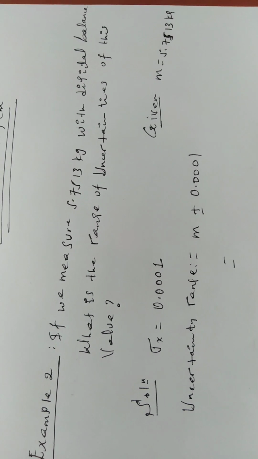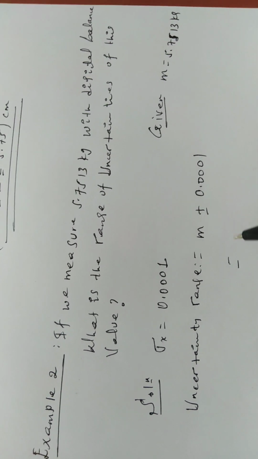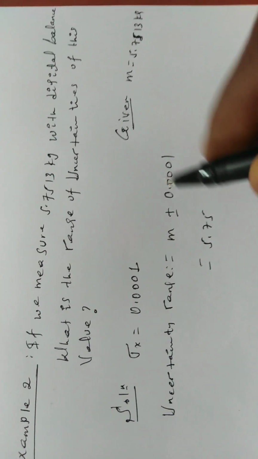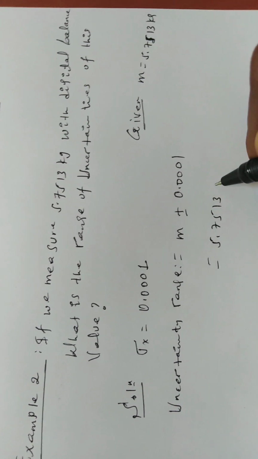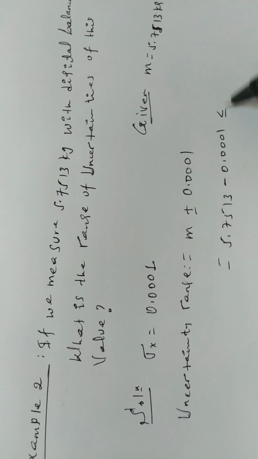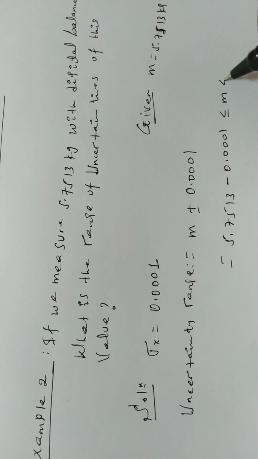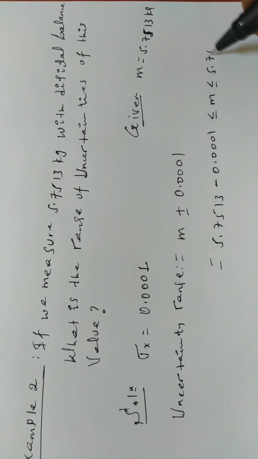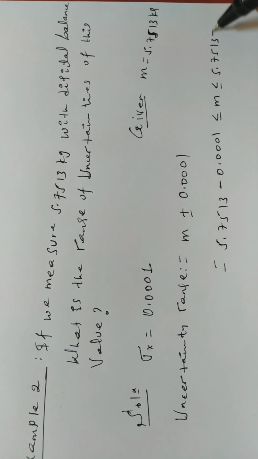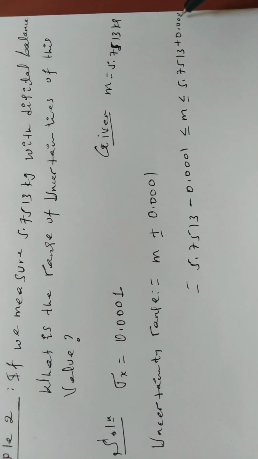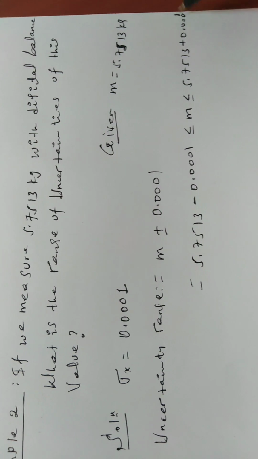So 5.7513 minus 0.0001 is less than or equal to our given mass, which is less than or equal to 5.7513 plus 0.0001.